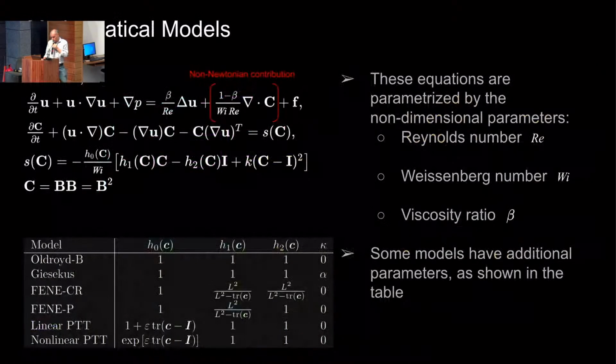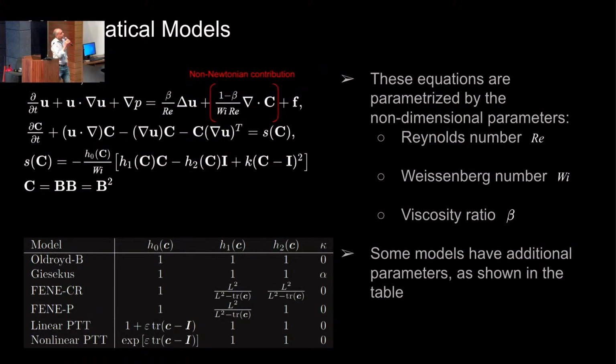Okay, mathematical models: as I said, we adopted the classical ones, and observing this table, we have the viscoelastic models, and Jonathan described the Oldroyd-B, the Giesekus, and the linear version of PTT. While here in this table, we can observe the inclusion of the FENE versions or FENE family models, like FENE-CR and FENE-P. Looking at the mathematical models, you can observe we have the mass and the momentum equations, and also the constitutive equation in a more general form, where C is the conformation tensor.